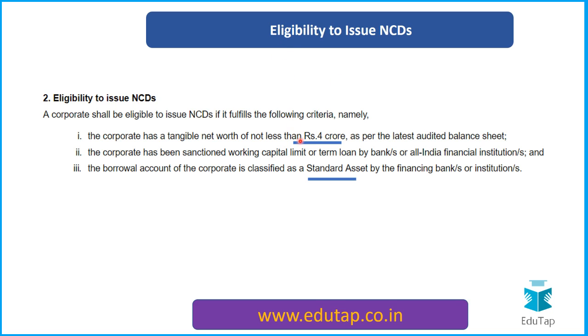So the first condition is again that the corporate issuing NCDs should have a minimum tangible net worth of 4 crore rupees, and its account should be classified as a standard asset and should not have been categorized as an NPA account.